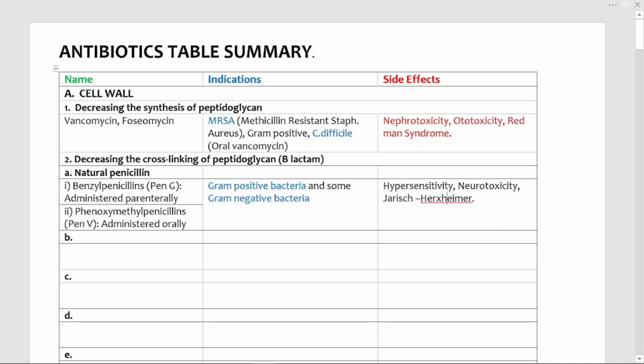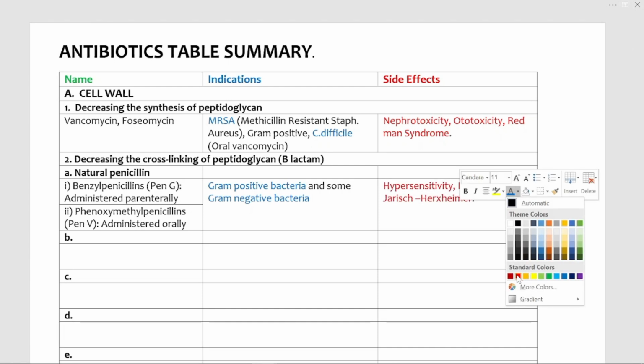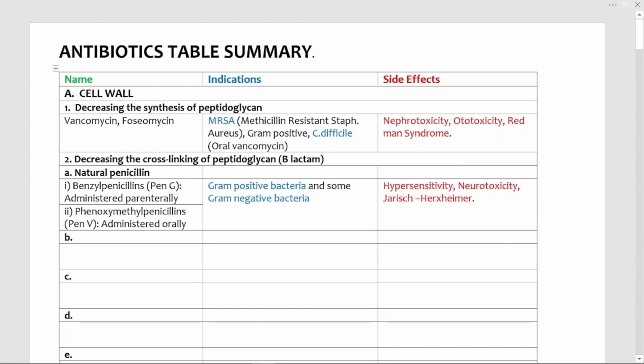So check for hypersensitivity, neurotoxicity, or the Jarisch-Herxheimer reaction. It is a very hard word to pronounce, but I hope the message is home. So that's all about natural penicillin.